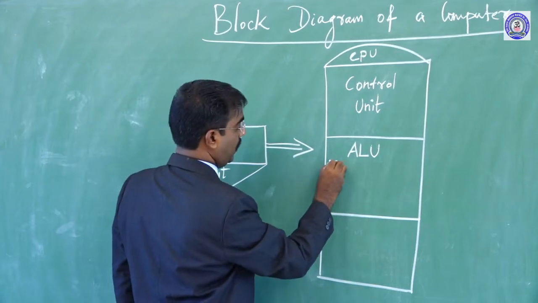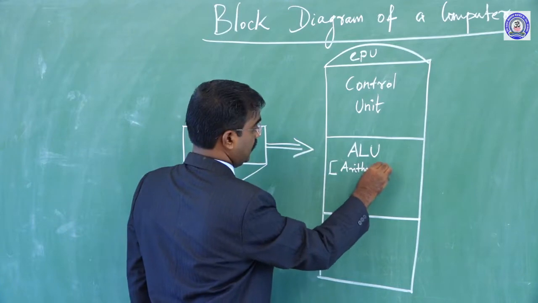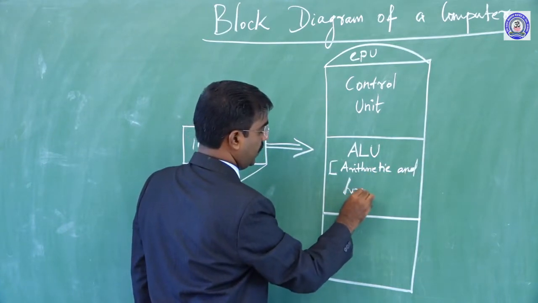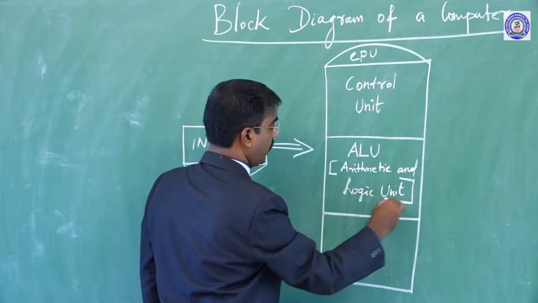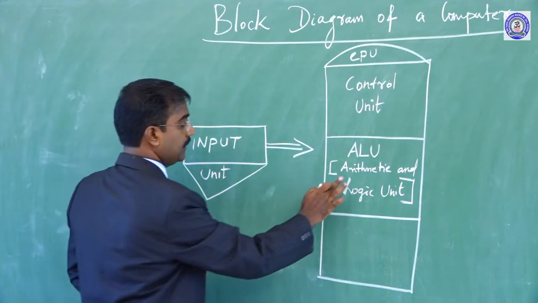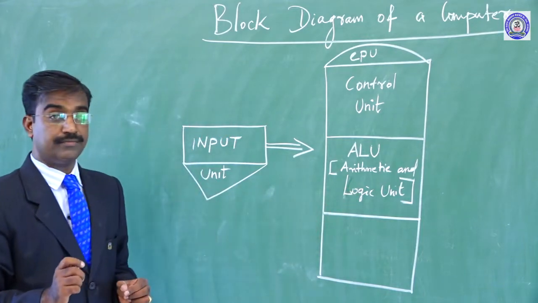ALU stands for arithmetic and logic unit. We pronounce it simply as ALU.